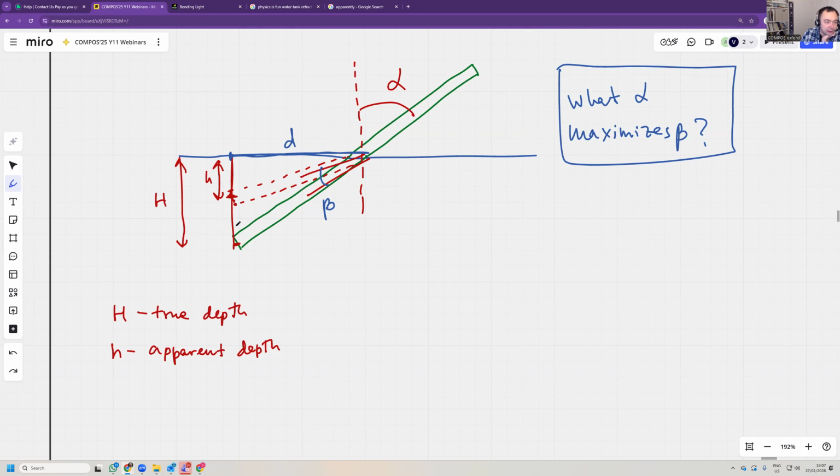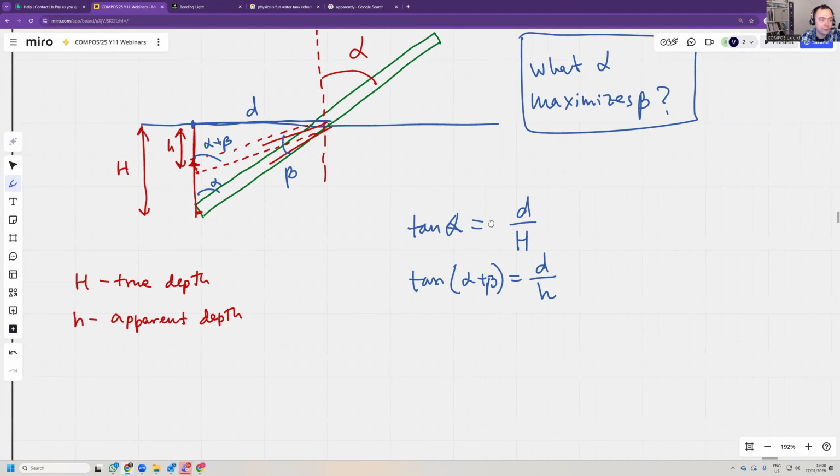And this angle is alpha plus beta. So tangent of alpha is D divided by H. And tangent of alpha plus beta is D over h small.